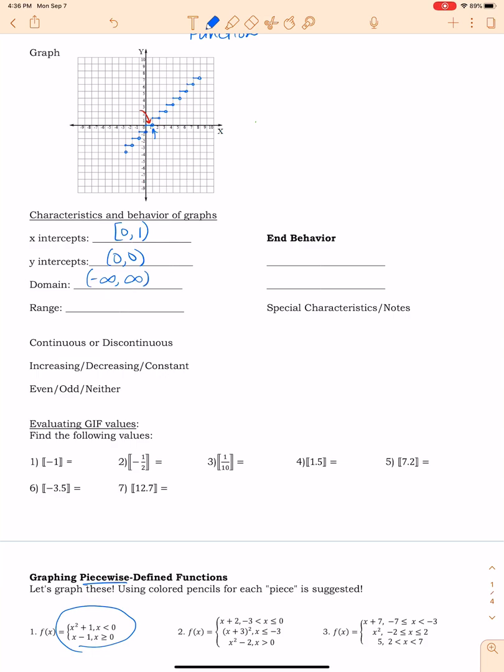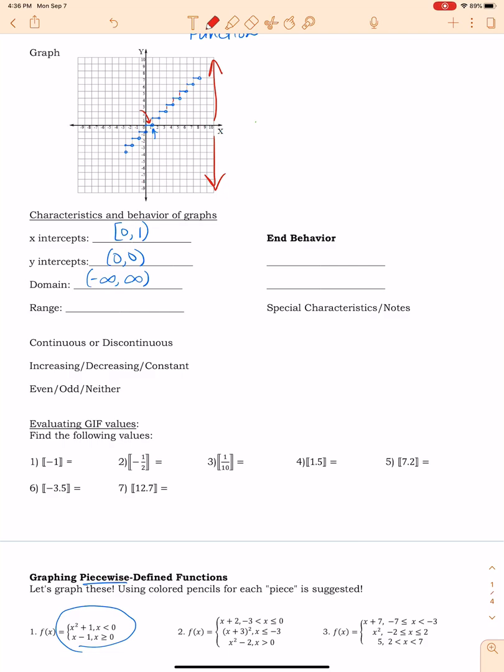The range, however, does not work that way because remember, the range has to do with our y values. The x values, all the positives go this way and all the negatives go that way. So since this steps up and doesn't include all these little values right in here, the range doesn't work quite the same way.